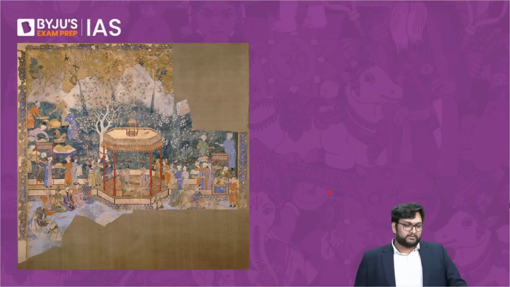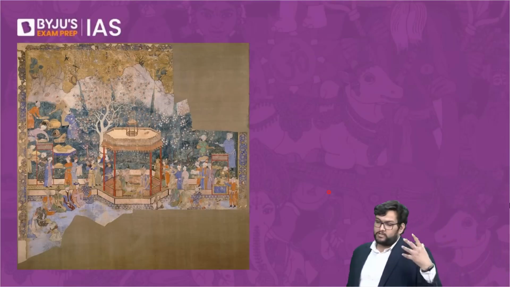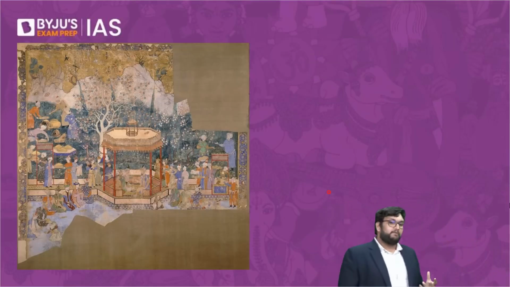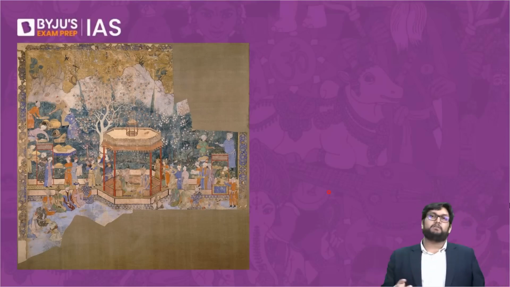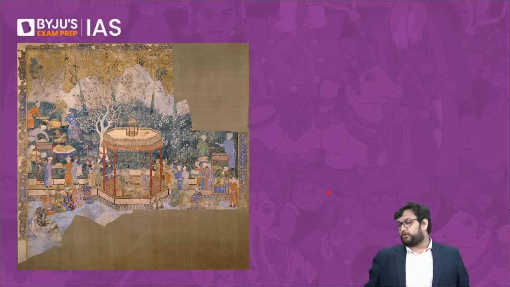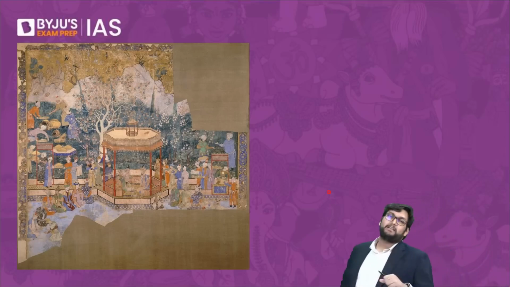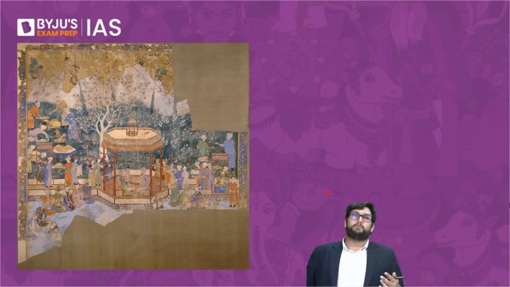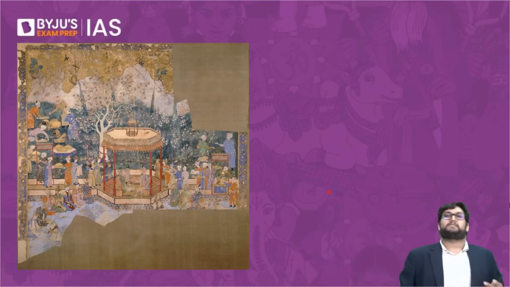This painting has not survived in full, but you can see that the painting itself has a very strong Central Asian influence, with the color blue being used quite a lot, the white color being used quite a lot, light coloring is there. This is not true for Apabhransham or what is happening in India at this point of time. This is very Turkish in that regard, wherein you use blue as much as possible, and this is not the tradition which goes forward.